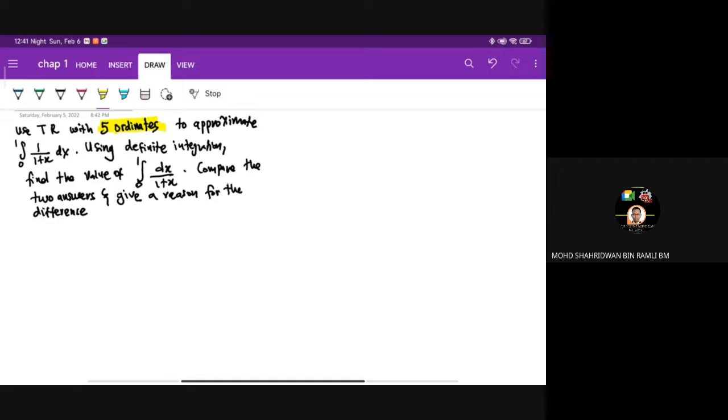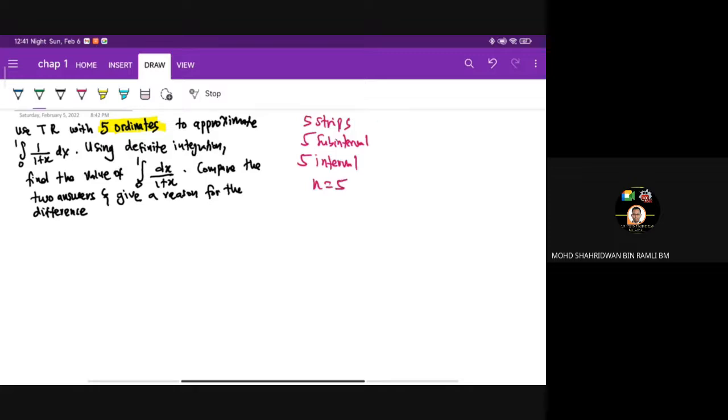First, you need to know the difference between ordinates, strips, or sub-intervals. When it gives you 5 strips, or 5 sub-intervals, or sometimes 5 intervals, that means your n is equal to 5.